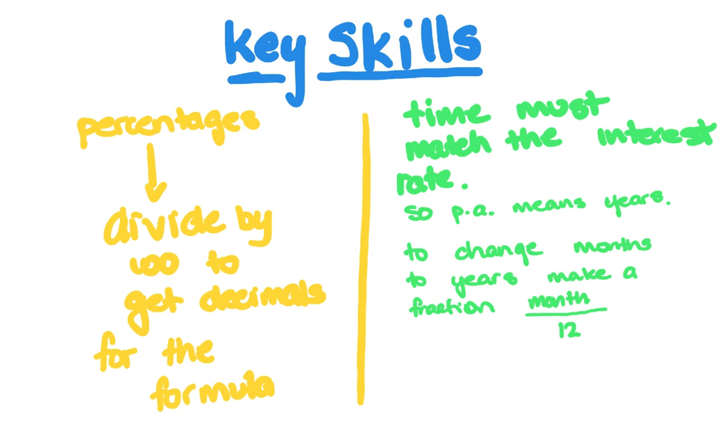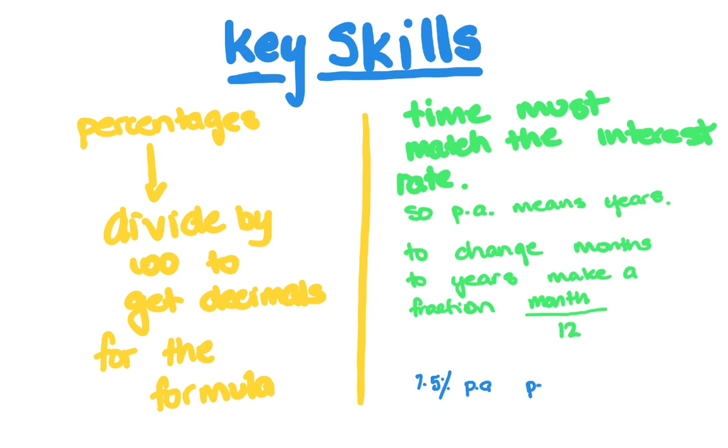So a couple of key skills here. First of all, changing percentages to decimals. We divide by 100 to get decimals for the formula. We can't have percentages in the formula, we must have decimals. The other skill is that the time must match the interest rate. If the interest rate says PA, and you'll notice that interest rates always have a little time after them, it might say 7.5% PA.